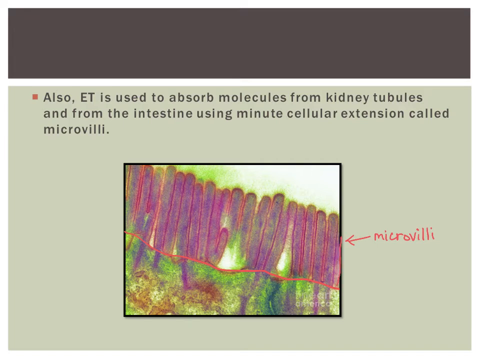But if we have it to where it is looped back and forth, these like finger-like projections coming off the top, we fit a lot more surface area into the same amount of space as we would if it were just flat. So microvilli increase the absorptive surface area on the surface of cells.